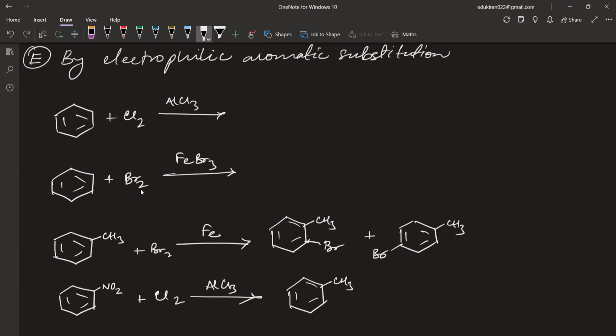Meta will have one carbon in between. So Cl. Any problem till here? No. Okay. For the above reactions, I hope you have written a benzene ring with a chlorine, followed by a benzene ring with a bromine.